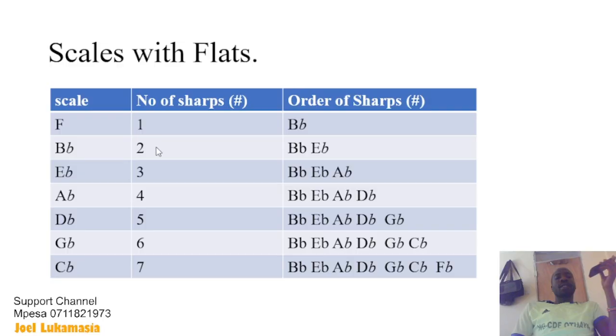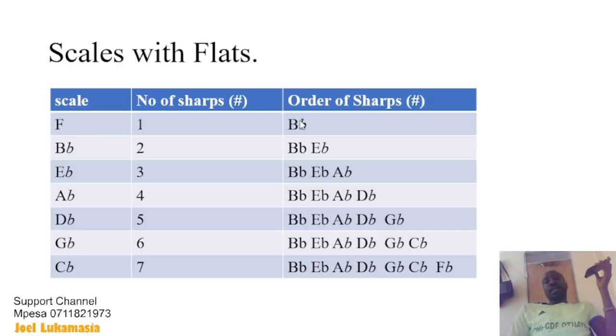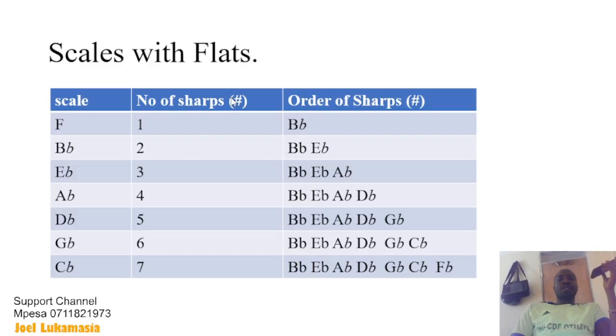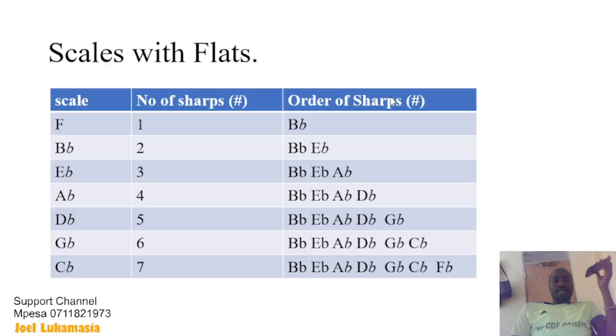So F major is the first scale that has B flat as its only flat. These are supposed to be flats, not sharps. I've written here number of sharps instead of number of flats. So this is number of sharps, and this one is number of flats, and this is also number of flats. So F major has one flat, that is B flat.